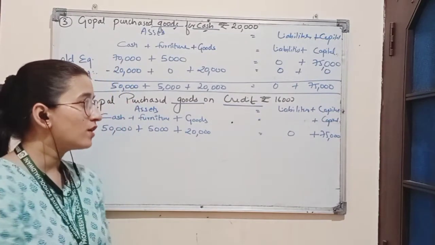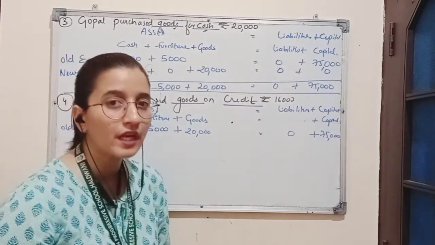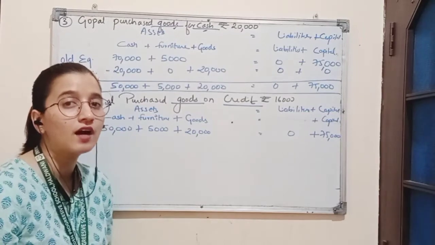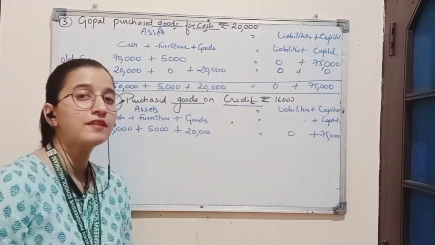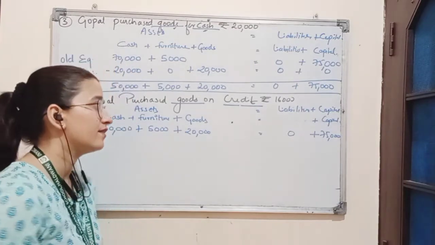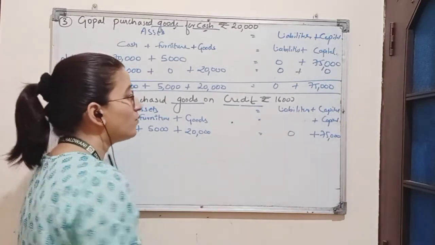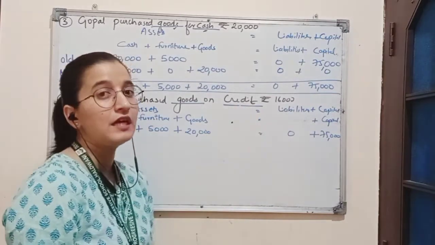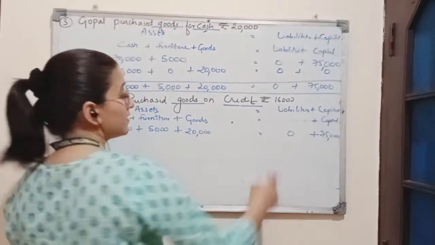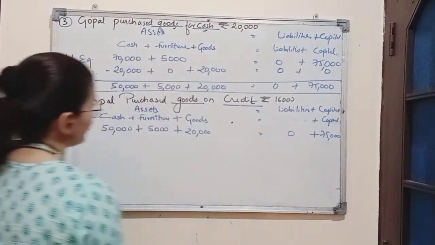Why? Because if we are purchasing something on credit, that means it is increasing our liabilities. Credit means we have to pay this amount to the creditors. So creditors column will be opened on the liabilities side because we have to pay this amount to the creditors, and amount to be paid is considered as liabilities.